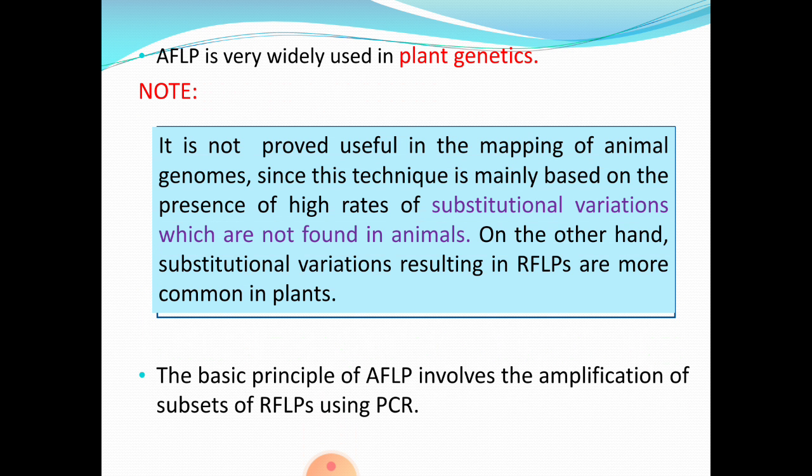But such substitutional variations resulting in RFLPs are more pronounced in plants. Thus, AFLP finds applicative value more in plant genetics rather than in animal genetics, because substitutional variations are normally not found in animals. This is a point to be noted.